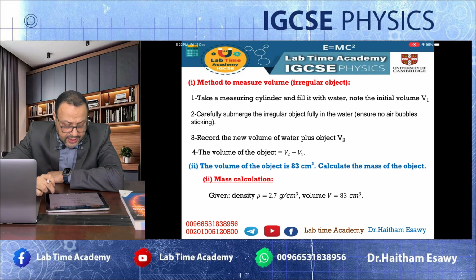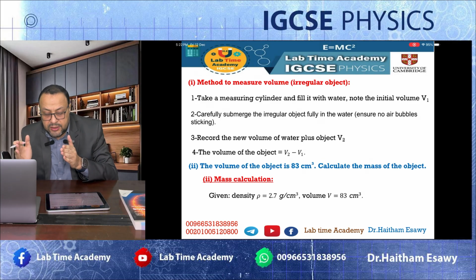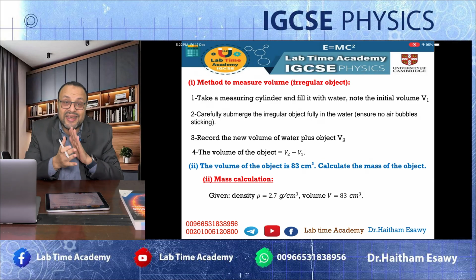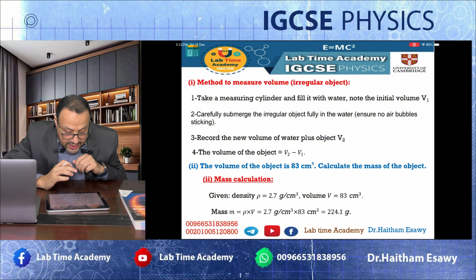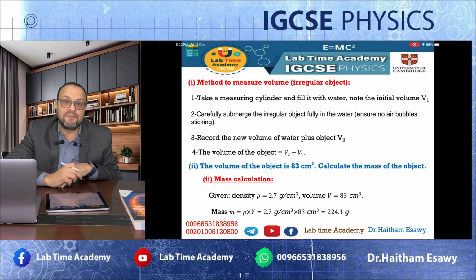So here, density rho is 2.7 gram per cubic centimeter, and volume is 83 cubic centimeter, as he gave you. Here we have cubic centimeter and cubic centimeter, so we will not convert any units. So the mass will be rho times V, which is 2.7 multiplied by 83, equal to 224.1 gram. That's it.